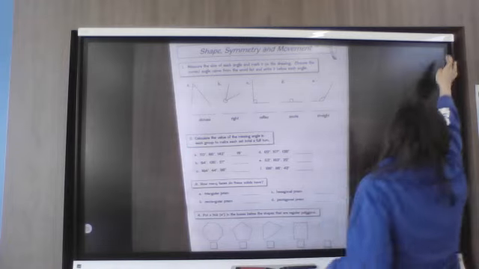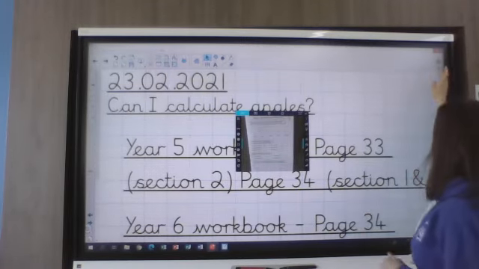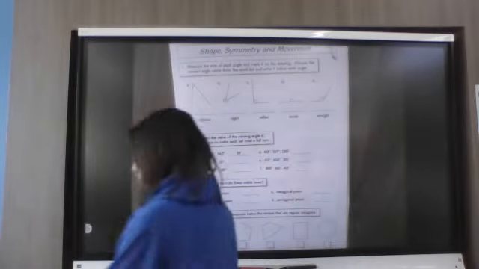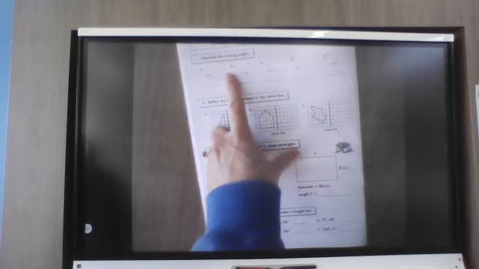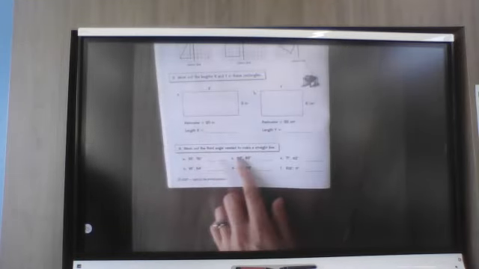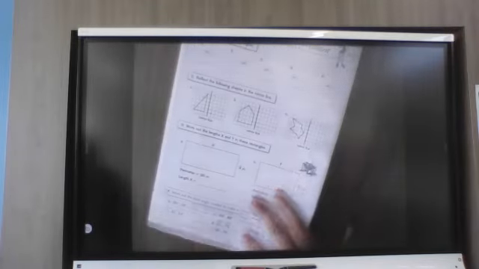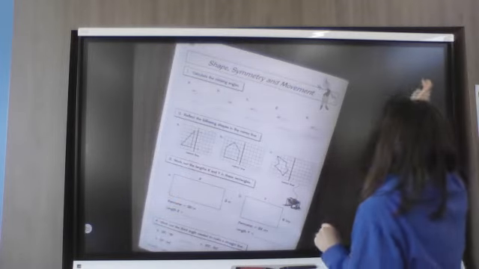And then also out of the Year 5 book, you are doing page 34, section 1 and 4. So page 34, you might have to put a little mark next to this, section 1 and section 4. So not these two. Okay, so you might want to put a little mark next to the ones that you are doing. So that's what we're doing out of the Year 5 workbook.